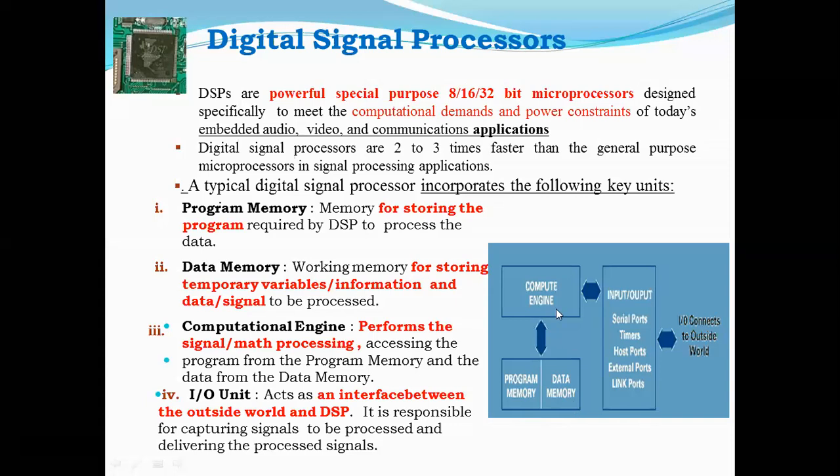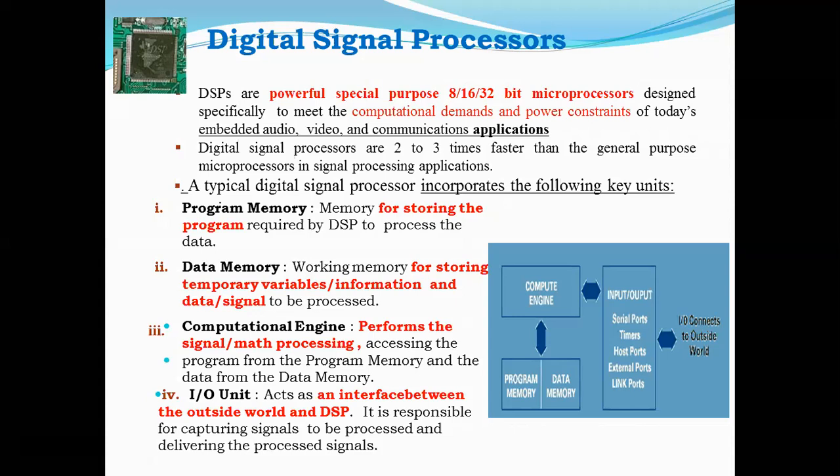Then coming to the computational engine. What is this computational engine? It basically does the math processing. In the audio application, whenever the data has to be stored in the computer in digital form, the data has to be digitized. There are some mathematical calculations required to store the data in digital form.